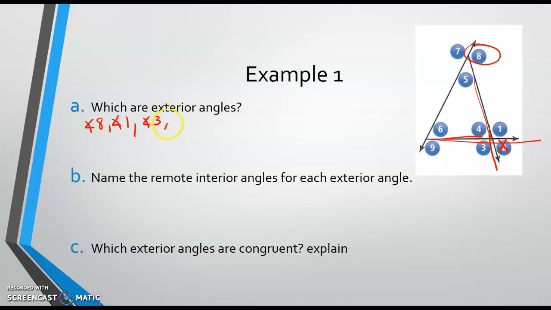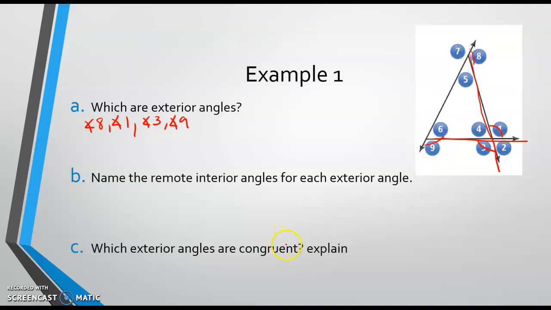And angle 9, because it's made by this bottom side and the extension of the other. So those are exterior angles, right? We've got a side of the triangle and the extension of one of our sides.